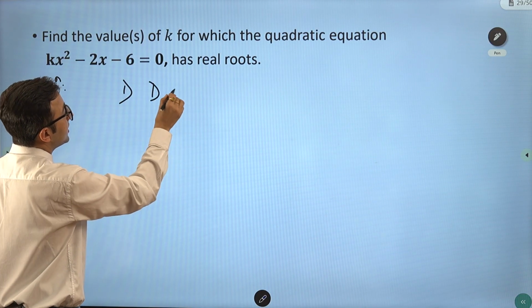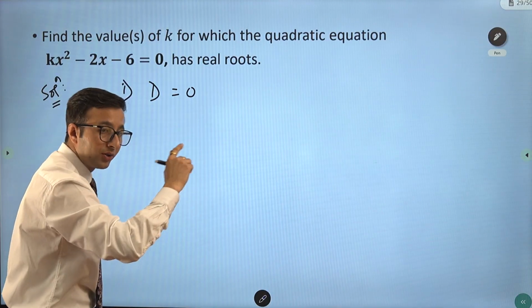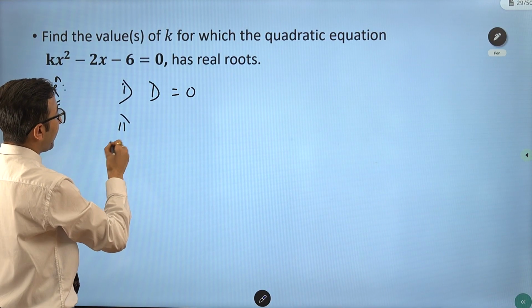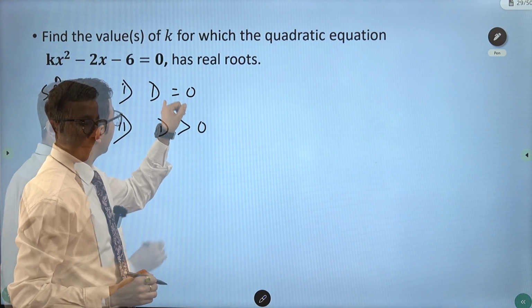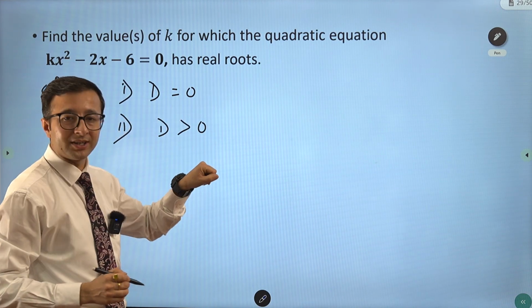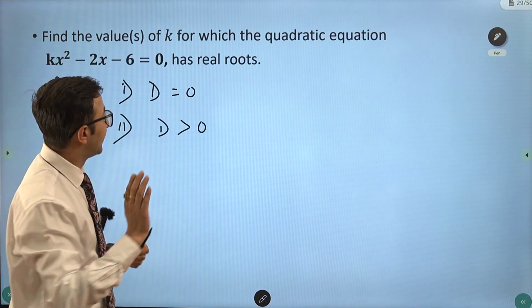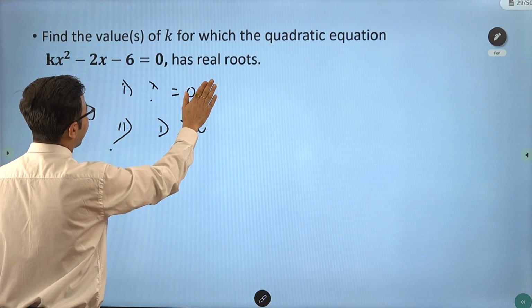Condition number 1, if d is equals to 0, real roots. But in case of this, equal also will be added. Second part is either d is positive. In case of d is 0, the roots are real. In case of d positive, d means discriminant positive, there also we will be getting the roots are real.